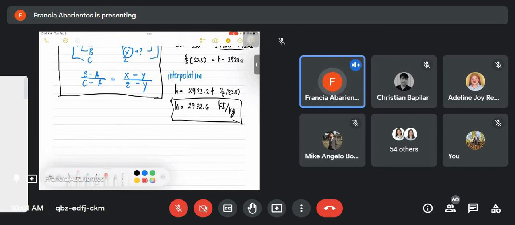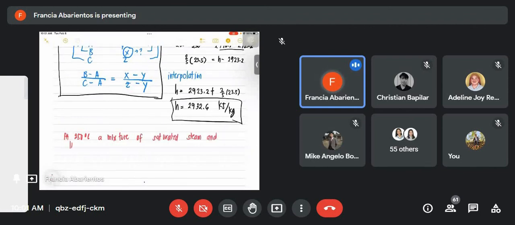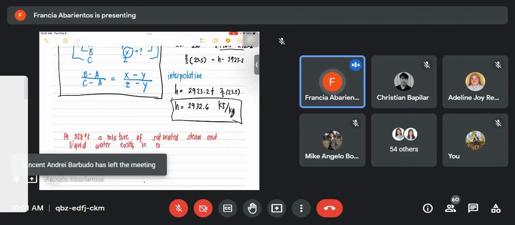Another example, so at 250 degrees Celsius, a mixture, last class, so you can have more to practice with. Saturated steam and liquid water exist in equilibrium.